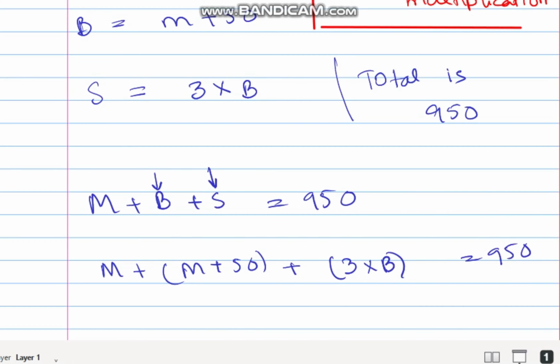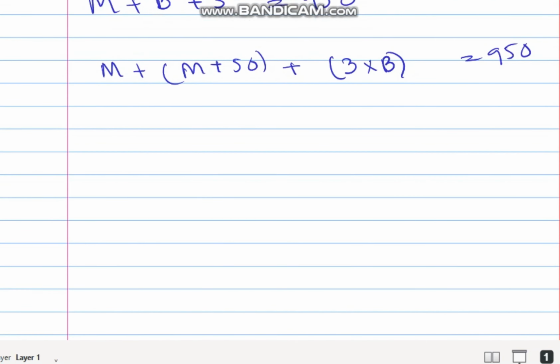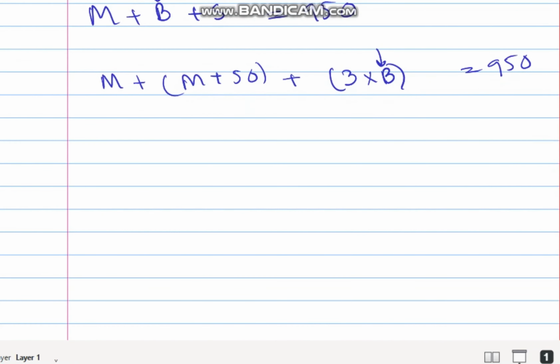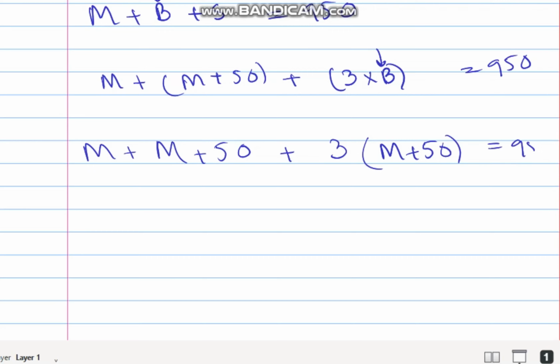Again, B is M plus 50, so I put it here: M plus (M plus 50) plus 3 multiplied by (M plus 50), equal to 950.